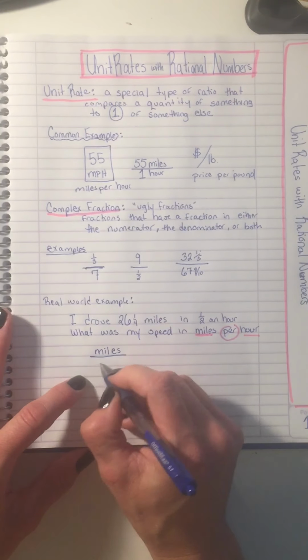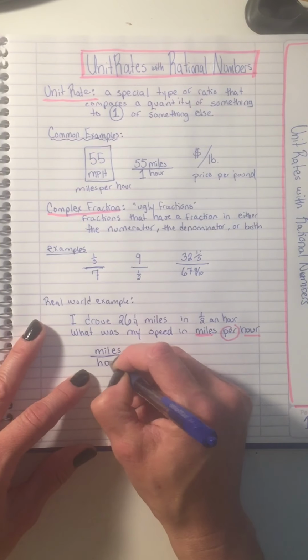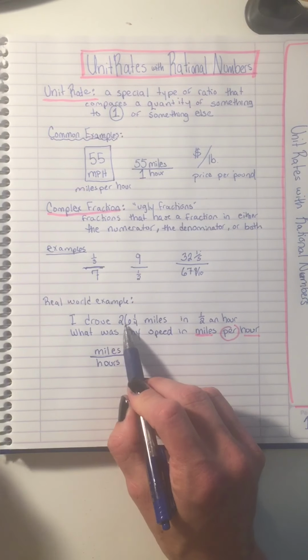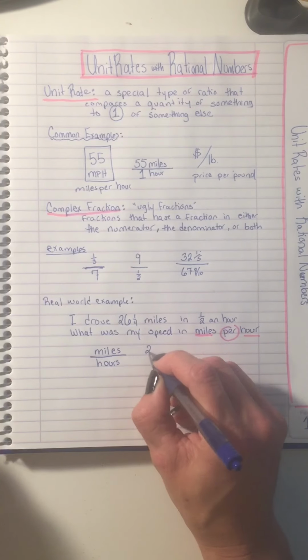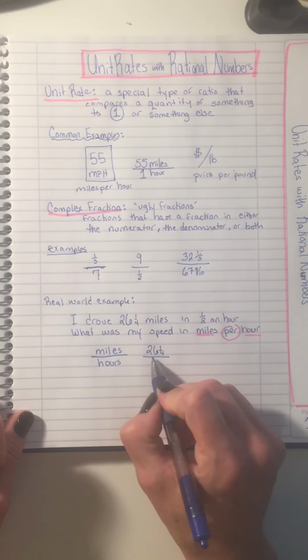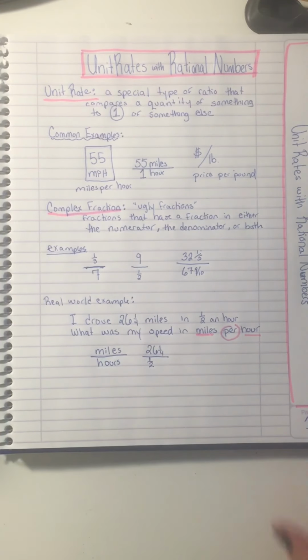Whatever comes after it is in the denominator or on the bottom. So hours. So if I am going to replace these words with numbers, I have 26 1/4 miles to half an hour. So that's a pretty ugly, complex fraction.